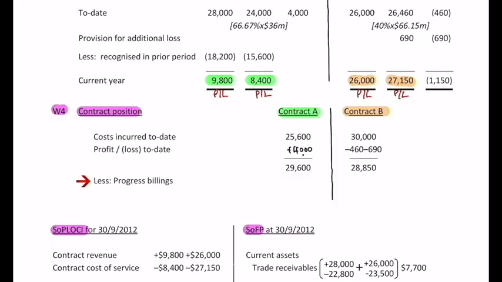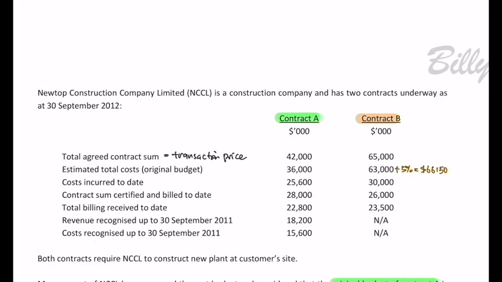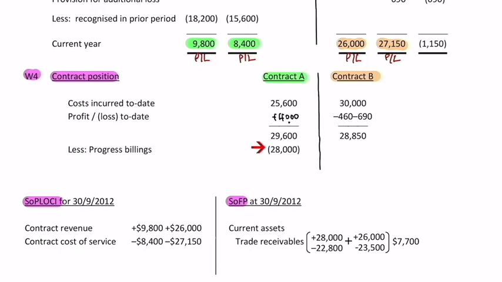Less progress billing to date. The progress billing for contract A and contract B is equal to 28 and 26. For contract A there is a positive of 1,600. This represents an asset balance.